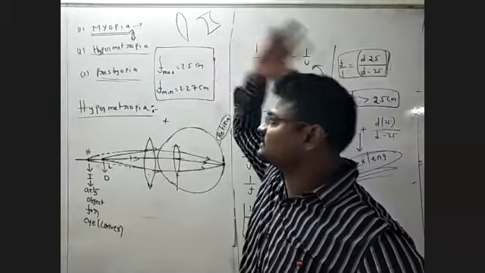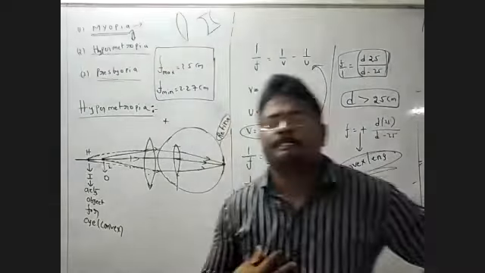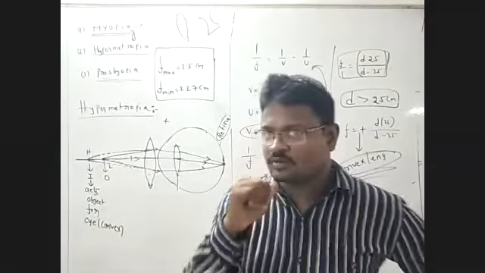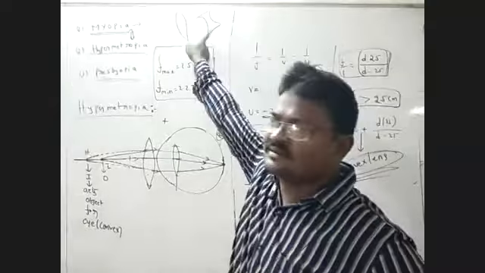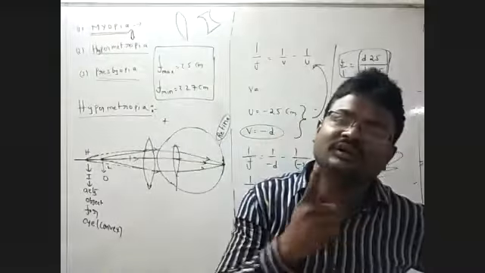Theoretically we study this as a concave lens. But what is the shape of my spectacles? What is the shape of the concave lens I am using? Both are different. This symbol is used for theoretical purposes.